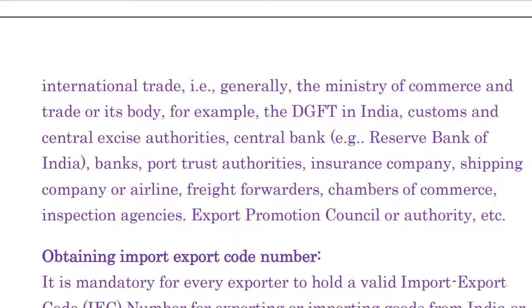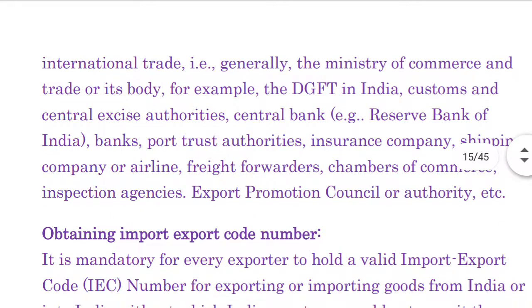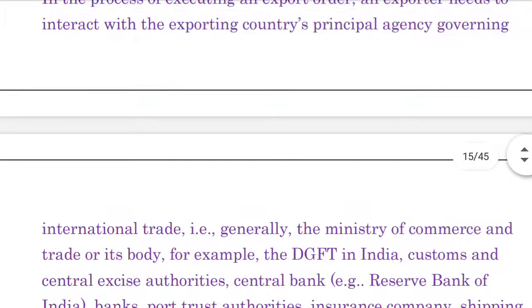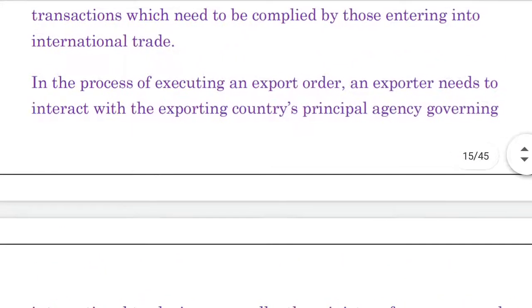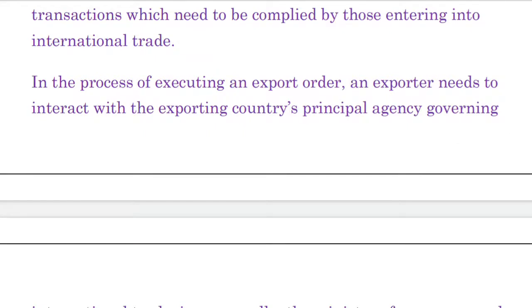For example, DGFT in India, Customs and Central Excise Authority, Central Bank, Reserve Bank of India, banks, Port Trust Authority, Insurance Company, Shipping Company and Airline, Freight Forwarder, Chamber of Commerce, Inspection Agency, Export Promotion Council. So we need to interact with these agencies and government authorities.